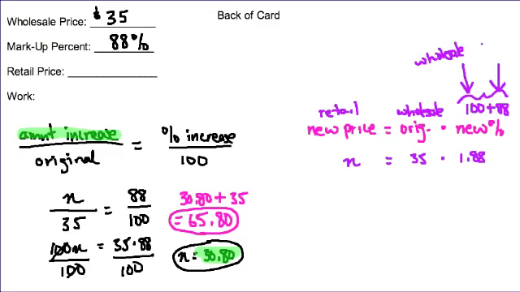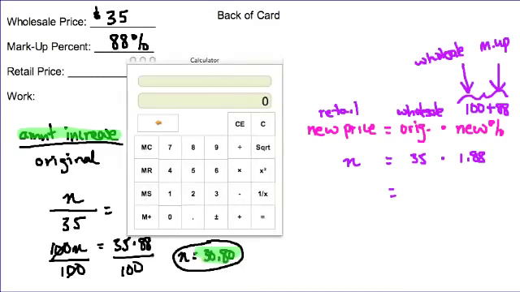I'm marking it up 88%, so the new percentage is the original 100% plus an additional 88%. That gives me 1.88. Now I'm going to get my calculator out again. 35 times 1.88 equals $65.80. So these are 2 different ways of doing that.